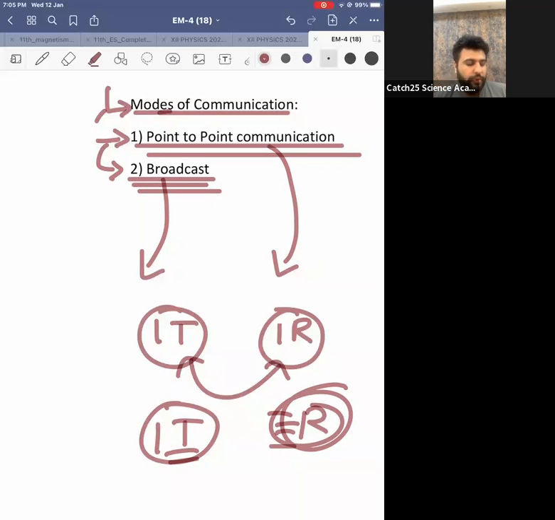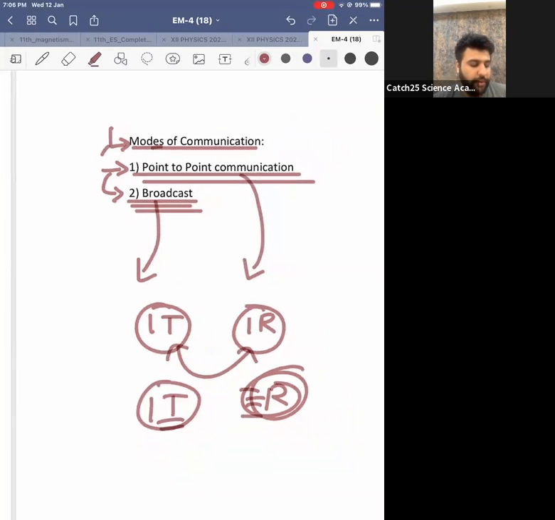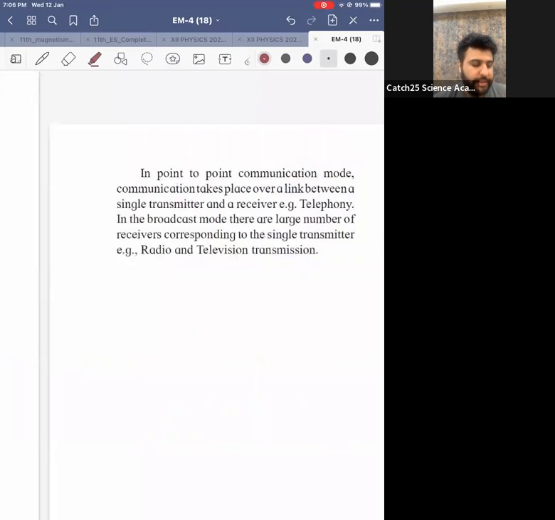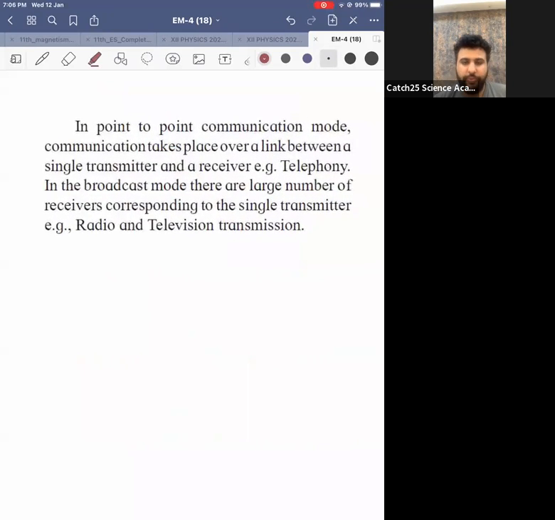Okay. So you have heard of radio broadcast, television broadcast. Now, if you send a message in a group, that is a WhatsApp group, it becomes broadcast. But if you send a message to a single person, that becomes point-to-point communication. Therefore, what is the definition? Look at the screen. It is directly from your textbook.